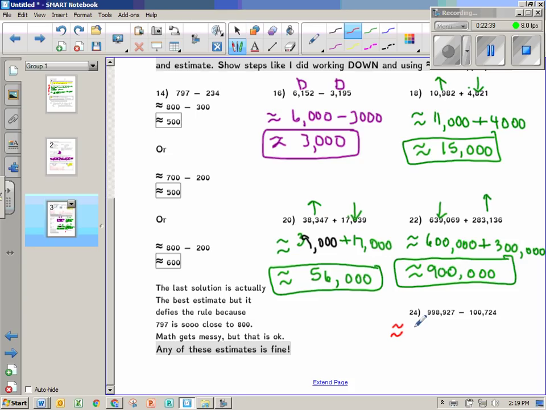But if you want to round up, if you rounded this up, it would be 1,000,000. That's 6 zeros. Kind of got it written pretty largely here. If I round the second number up, it would be 101,000.